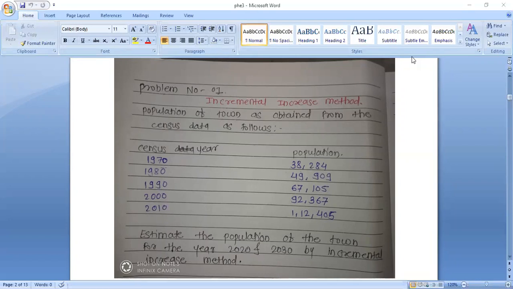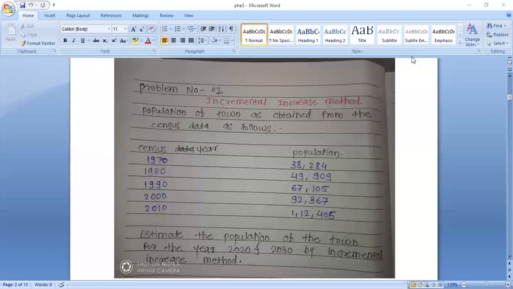First is the arithmetic increase method, second is the incremental increase method, third is the geometric increase method, and fourth is the graphical method. Now in this lecture we are going to discuss the problems related to these methods, or we are going to solve the problems related to these methods.